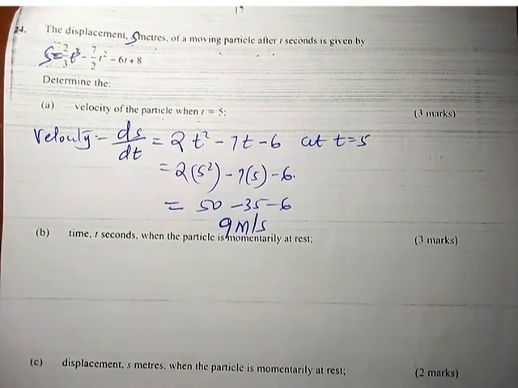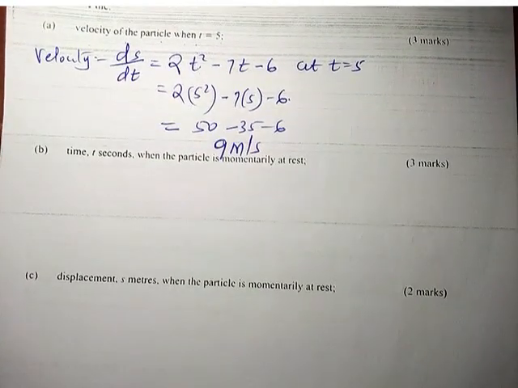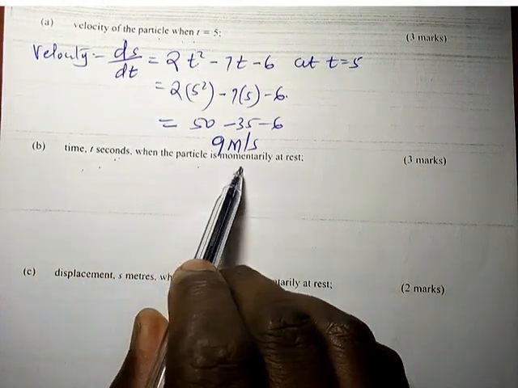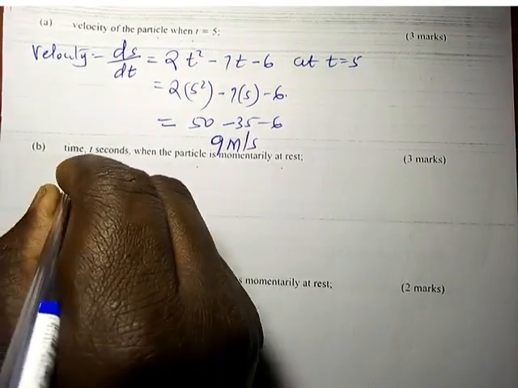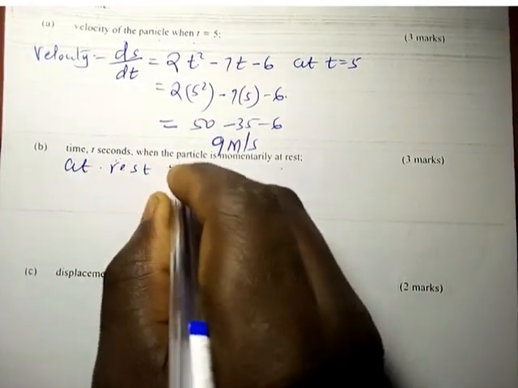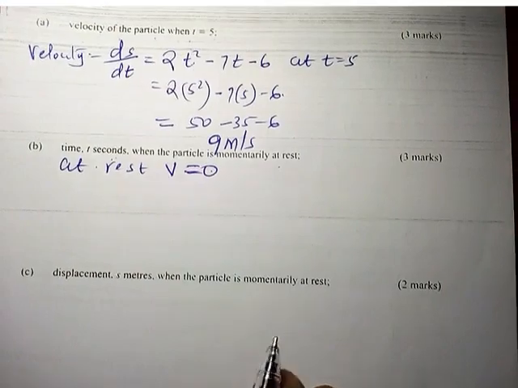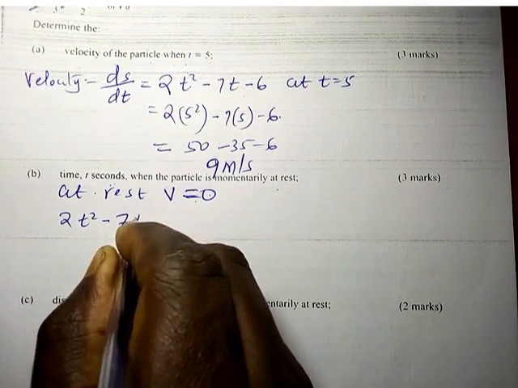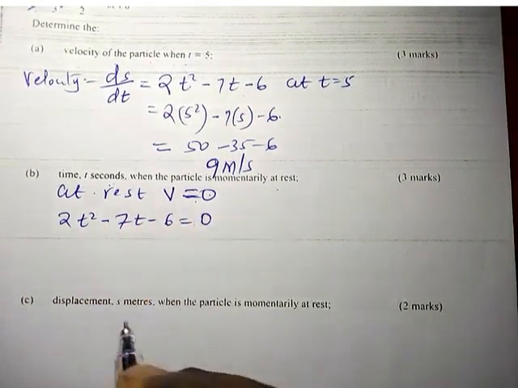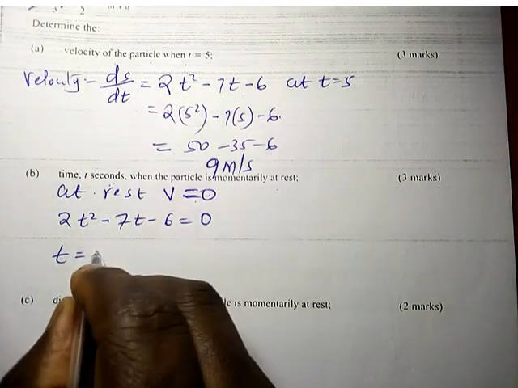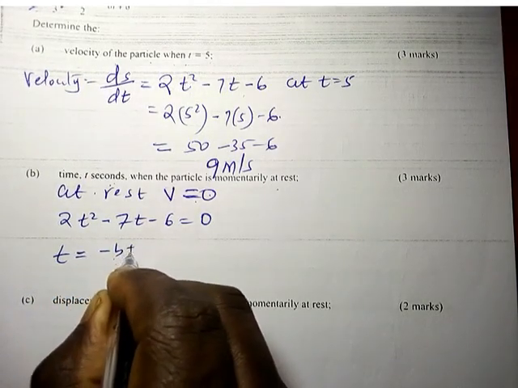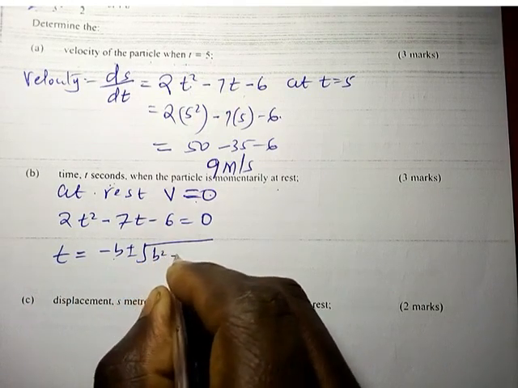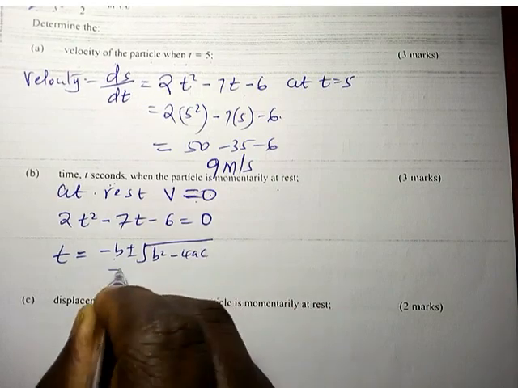9 meters per second is the velocity. Determine the time t seconds when the particle is momentarily at rest. At rest, v equal to 0. Velocity is equal to 0, so you equate the velocity with 0. So 2t square minus 7t minus 6, the answer is 0. We can get t using the quadratic formula, b square minus 4ac divided by 2a.